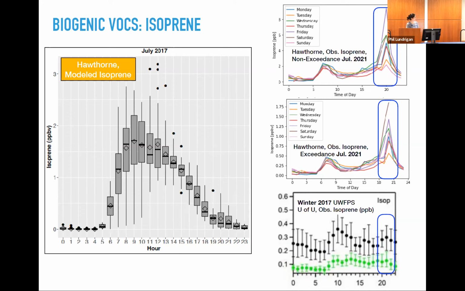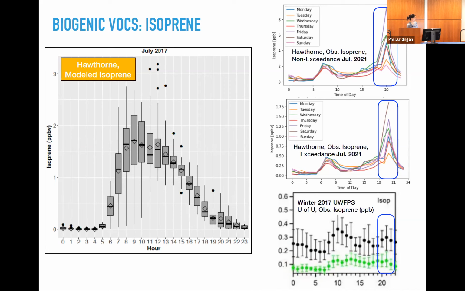And you can see here that in the measurements, we see a peak in isoprene happening around 8 p.m. It seems a bit obvious in winter too, but not as pronounced. And we're not capturing that peak in our modeling simulations. It's possible that this is related to transport, and perhaps we're not modeling transport well in the model.